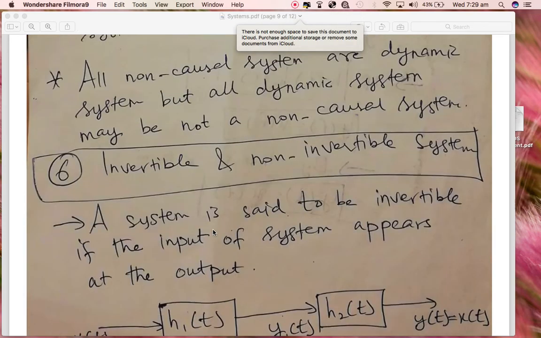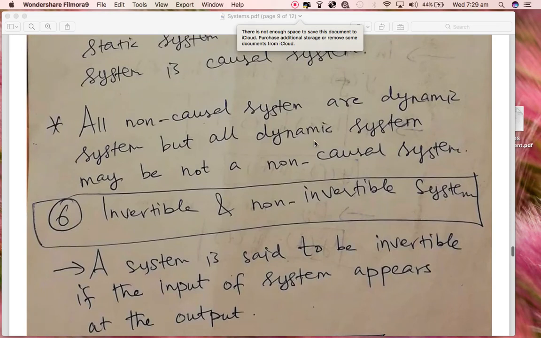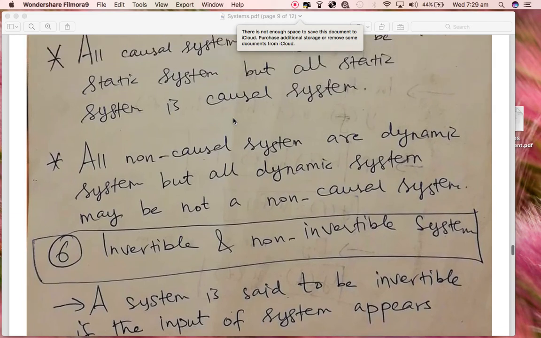We have to talk about these kinds of systems, but before that I have to be specific about my argument that all non-causal systems are dynamic systems, because all the non-causal systems take into consideration the future inputs. The future inputs have to be necessarily available in the equation of the non-causal system, while it is not necessary for a dynamic system.